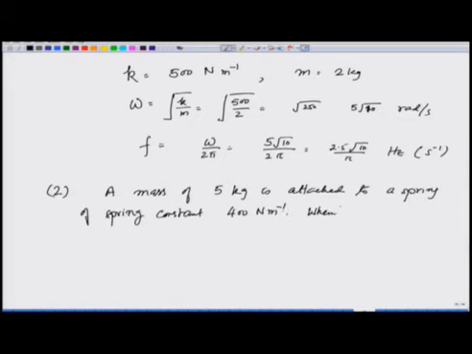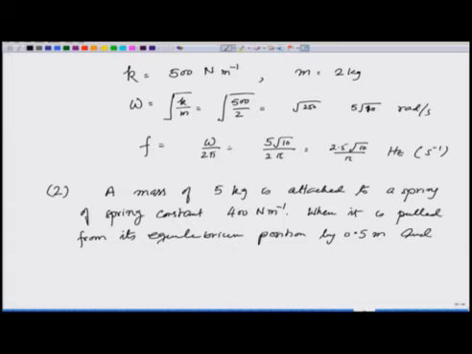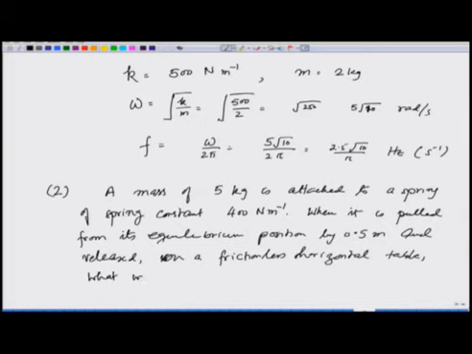When it is pulled from its equilibrium position by 0.5 meters and released on a frictionless horizontal table, what will be its displacement as a function of time.